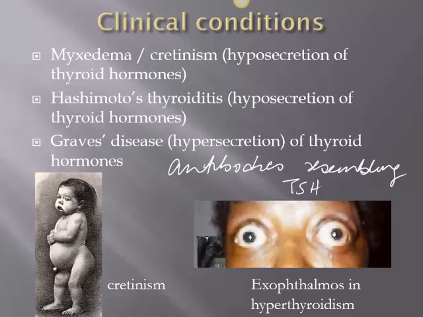In Graves' disease, this is thought to be because of the autoimmunity and inflammation along the orbital tissue, the muscles swell, and the orbital fat increases, so that tends to push the eyeballs out. So this is one of those things that you see in hyperthyroidism. You can see here exophthalmos. So these are some of the things that you will see in Graves' disease.